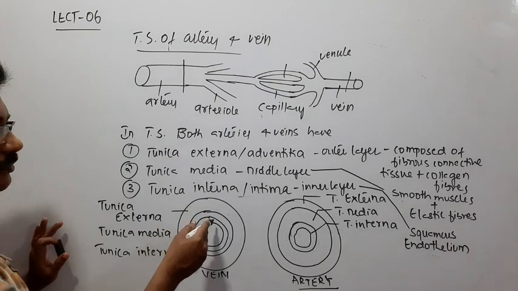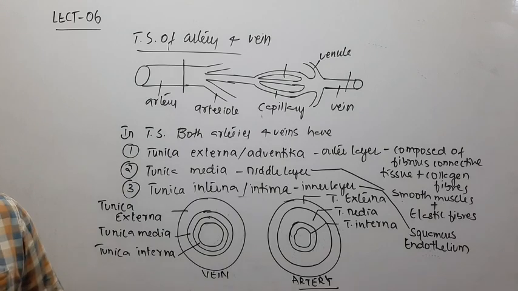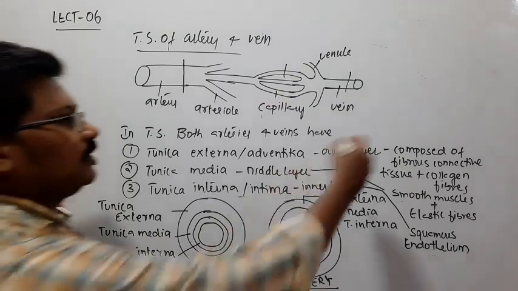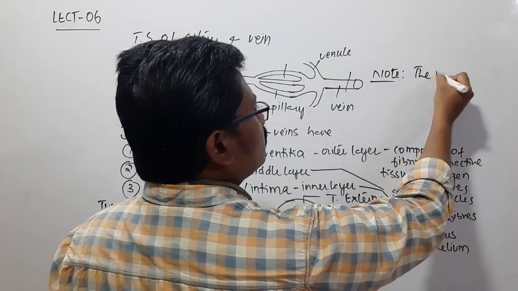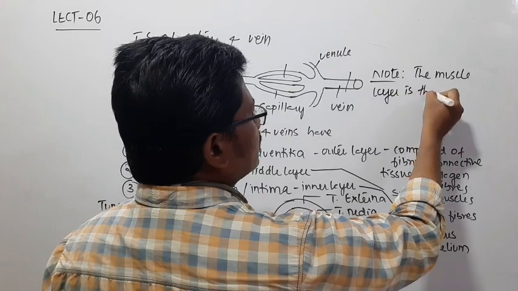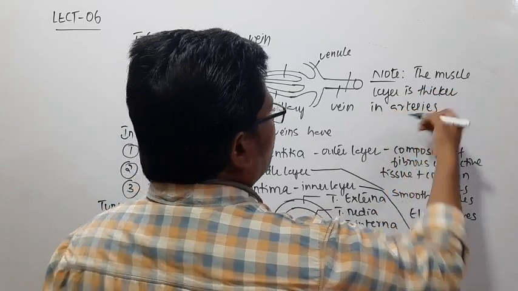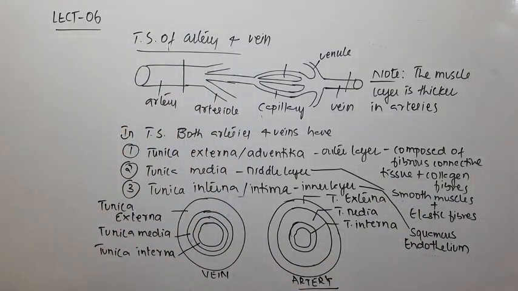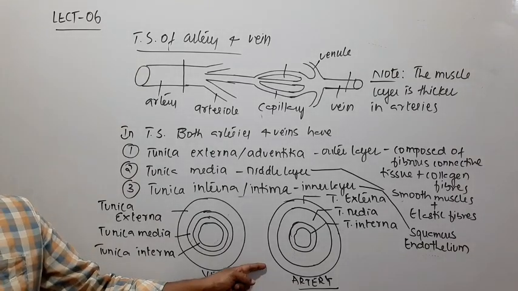So coming to this smooth muscle layer, it is much thicker in arteries. I'll mention here: the muscle layer is thicker in arteries. The problem is that in arteries there will be a lot of pressure.